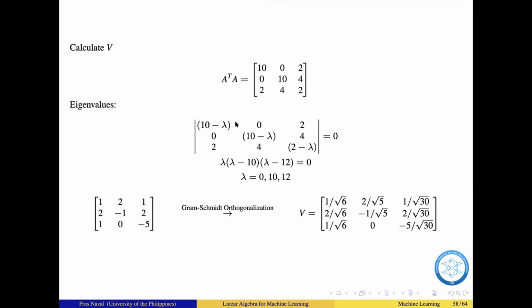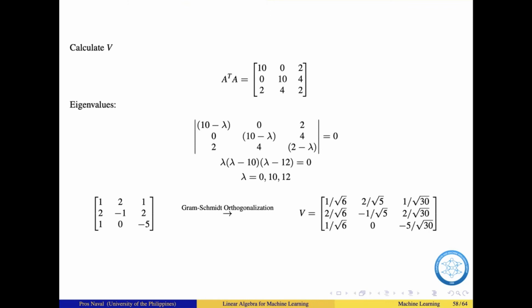Doing the same procedure as before, where we set x1, x2, and x3 to some values, we get this. And applying the GSO process, we get this matrix here. If you're observant, these are actually the same values that we obtained earlier.